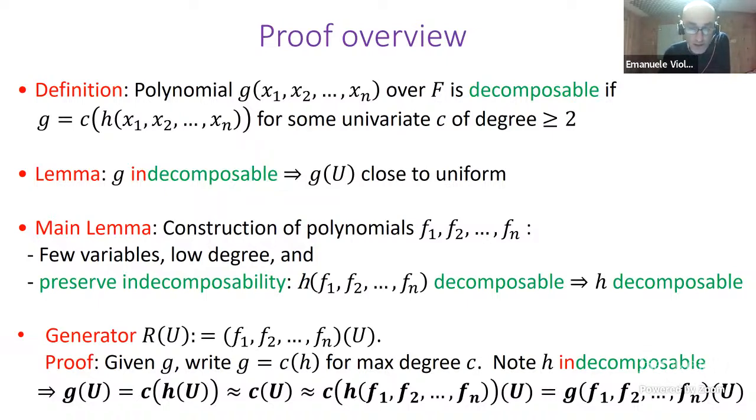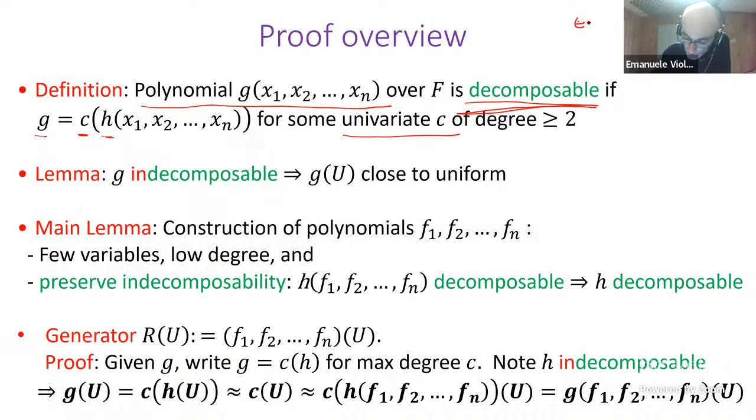One notion that we use is that of decomposability of polynomials. I'm going to say that a polynomial G over some field is decomposable if you can write G as the composition of a univariate polynomial C with a multivariate polynomial H, for some univariate C of degree bigger than 2.